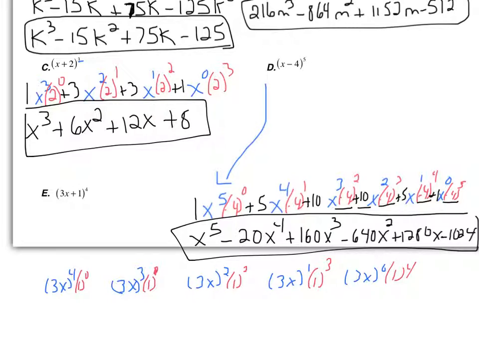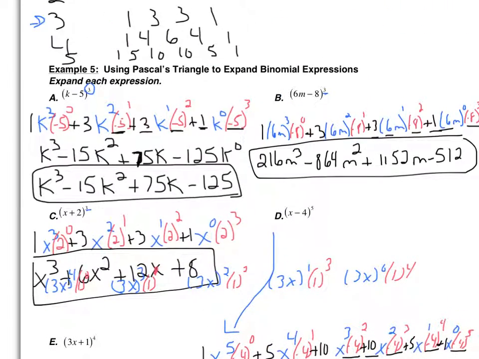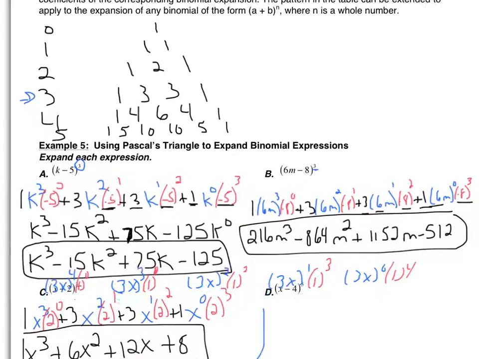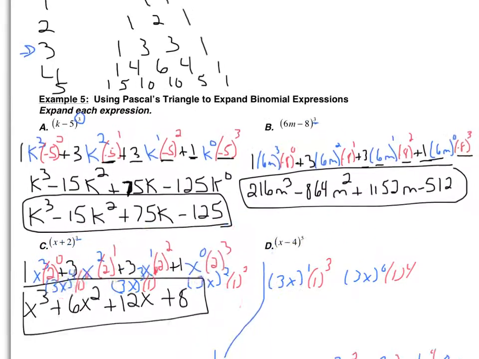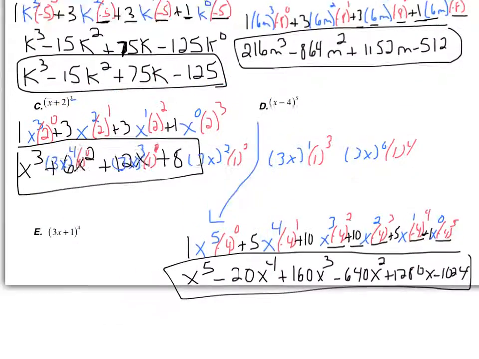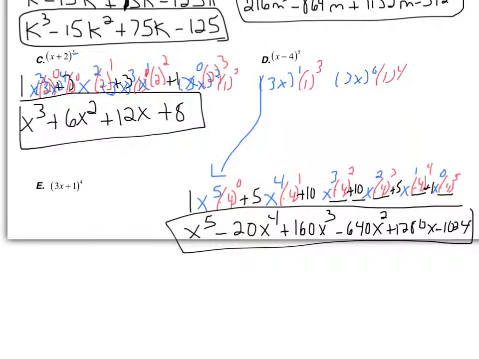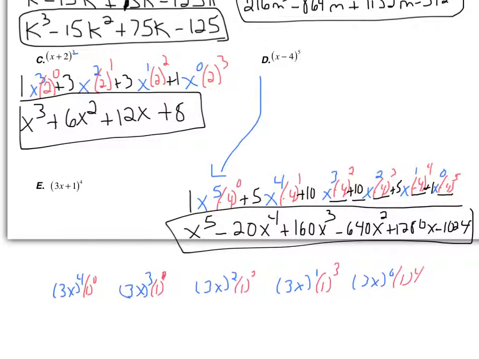And then we're going to plug in Pascal's. So let's go back up and look at the 4th row. We have 1, 4, 6, 4, 1. So let's insert that. So we have 1 plus 4 plus 6 plus 4 plus 1.